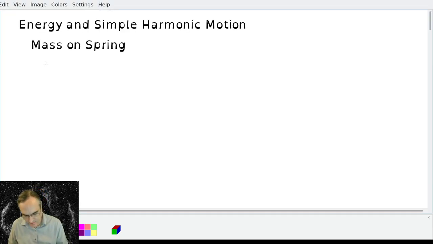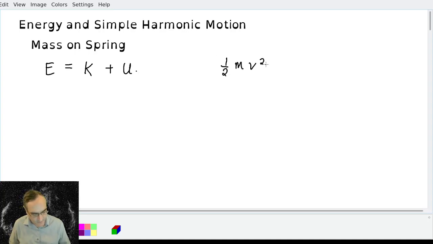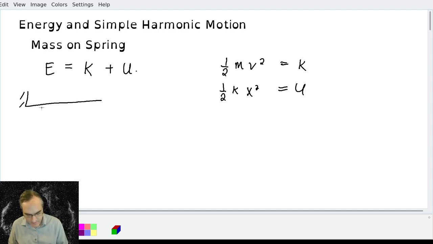Alright, so if we want to talk about the total mechanical energy, it is a sum of the kinetic energy plus the potential energy. In this context, the kinetic energy would be 1/2 mv squared, and the potential energy would be 1/2 kx squared, because we're talking about a mass on a spring type situation.